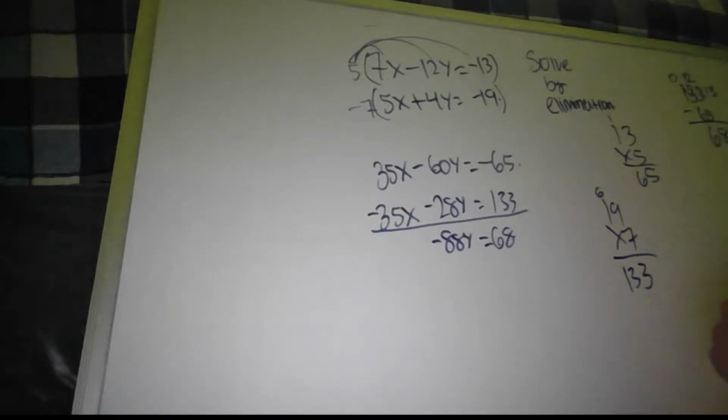I'm trying to see if maybe I did something wrong. I don't think I did. Negative 3.82. That's interesting. 133 minus 65 is 68.